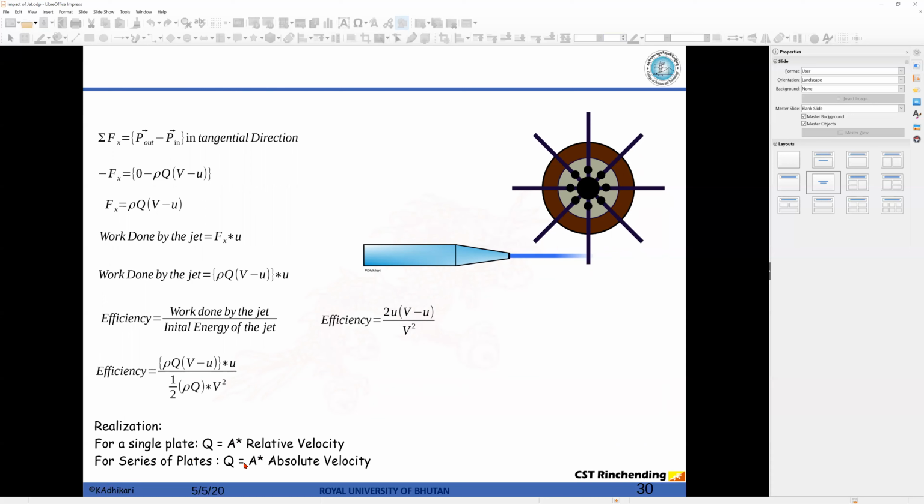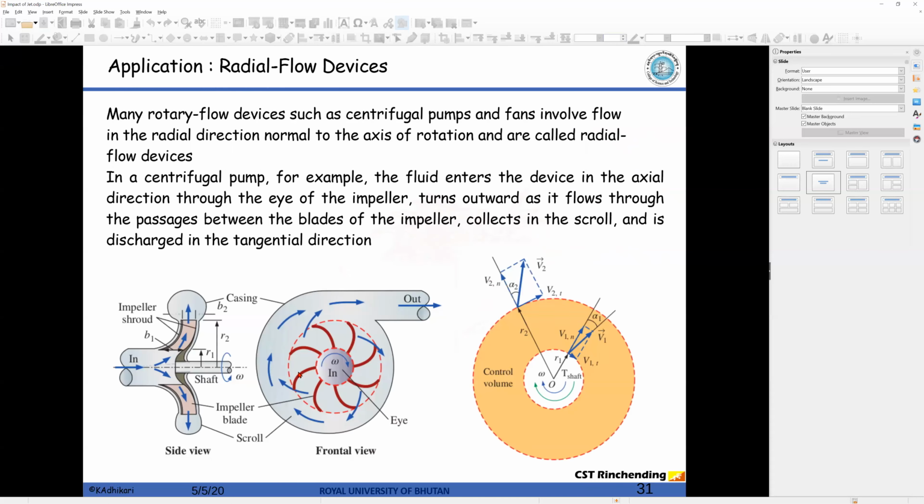For a series of plates, you calculate discharge as area times absolute velocity, as I have just explained. As the jet strikes, this plate moves, but at the same time another plate replaces it, so it is continuously striking. So we don't use the relative velocity for discharge, but we use the absolute velocity. But when you calculate the force, of course, we have to take the relative velocity. Likewise, you can calculate the efficiency.